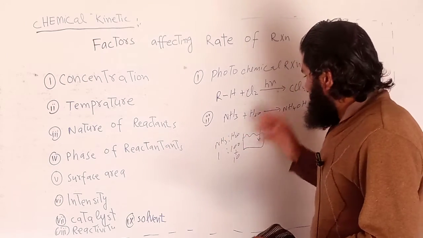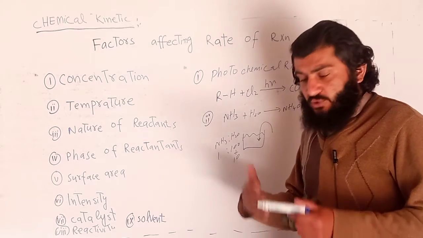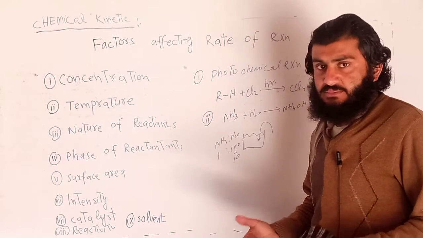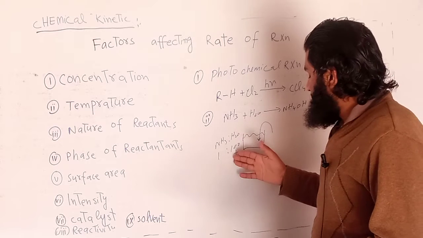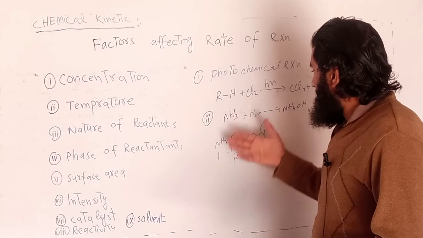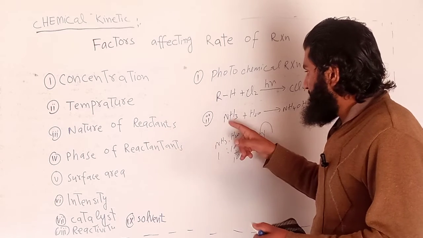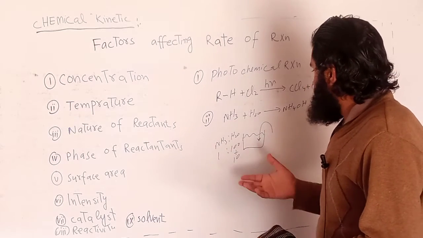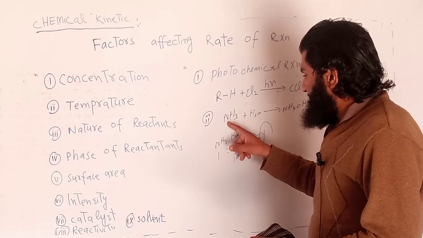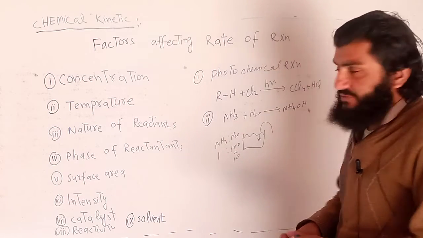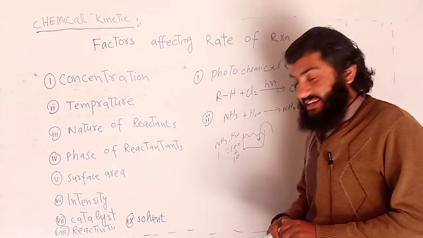The addition of further H2O does not affect the rate of reaction, because the rate of reaction also depends upon the concentration of NH3. So if we do not increase the concentration of NH3, the rate of reaction will not be affected, clear.